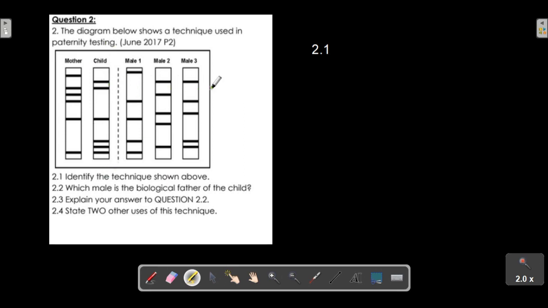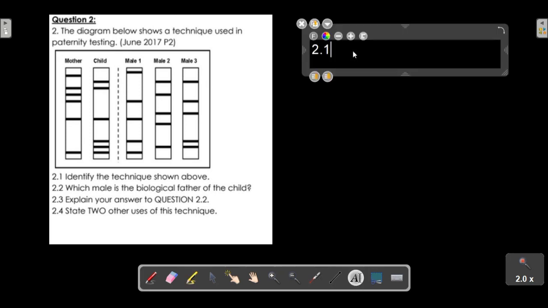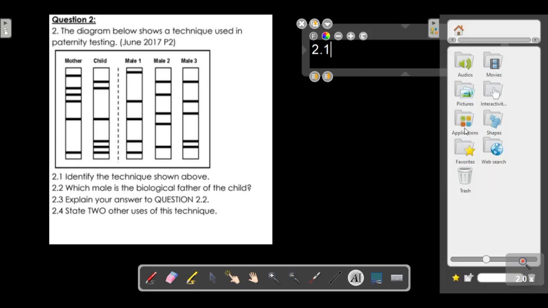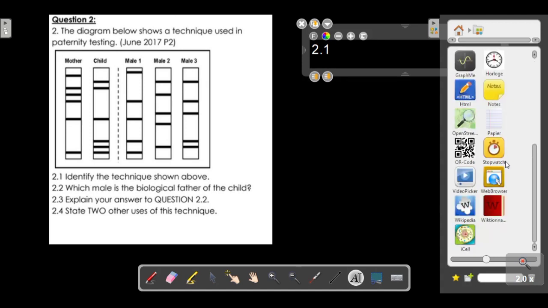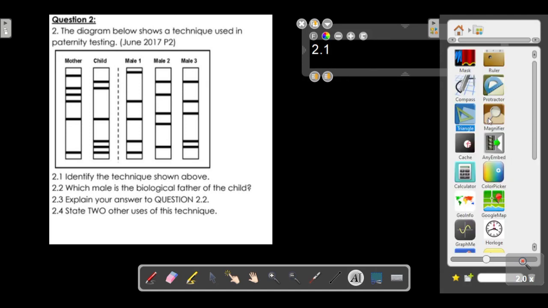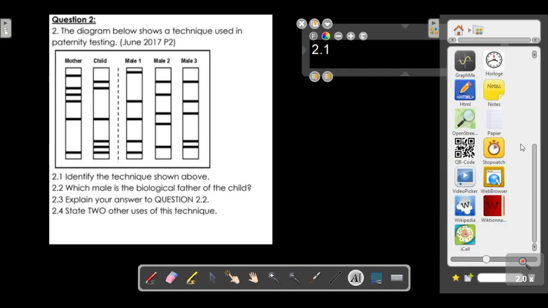Which profile does it match? Of course, it's not going to be the same. Remember, we said that each person is unique. So it has to have black bars that are quite similar, so many bars that match. In that way, you are able to say that this male is the father of the child.